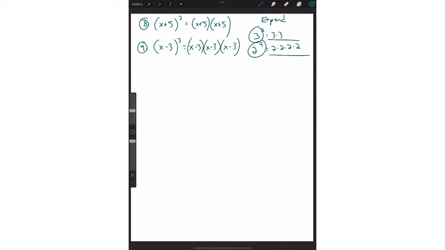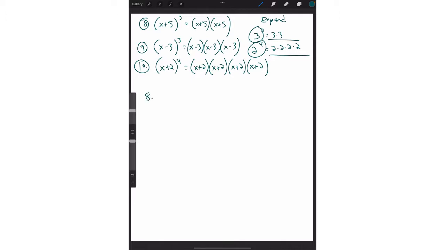And then also, we'll say number 10, if I have x plus 2 to the 4th, I could just say x plus 2 times x plus 2 times x plus 2 times x plus 2. Okay? So that's important to know. And I could just stop there and let you expand it out. What I would like to do next is go back to each of these problems.